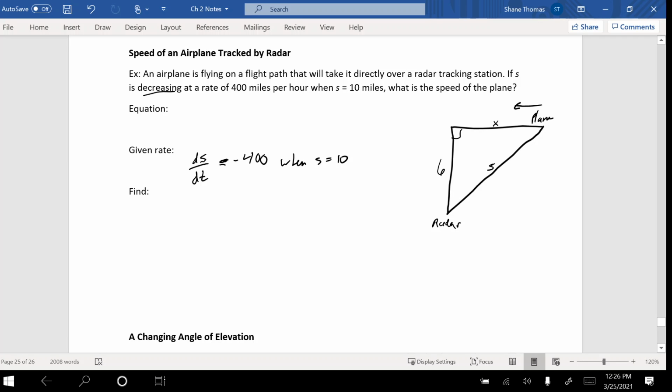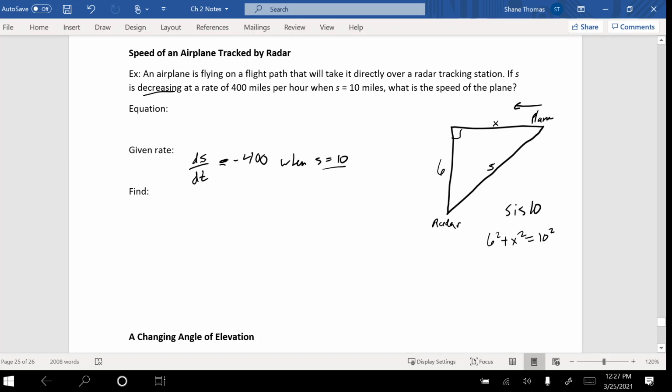All right, now looking at this, I almost have the Pythagorean theorem, don't I? Got one side, I have variables for 2 others. And if I peek over here to the side, I have the value for S, don't I? So if I say that S is 10, then I have 6 squared plus x squared equals 10 squared. All right.